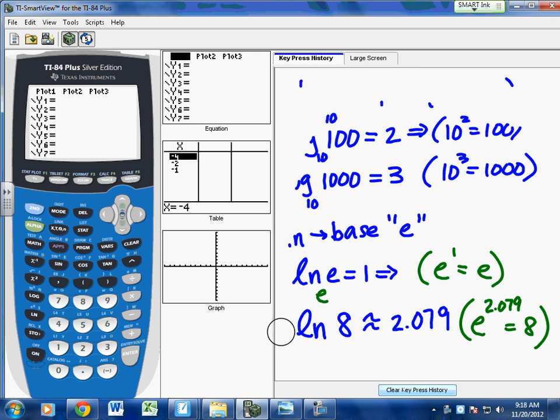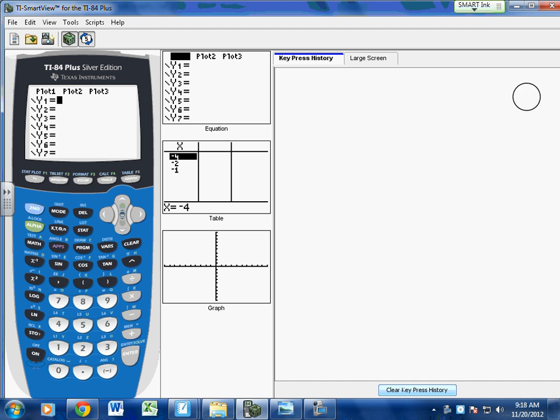On your ACT, you might see problems like this. Log of 27, base 3. What is it asking you as an exponential equation?